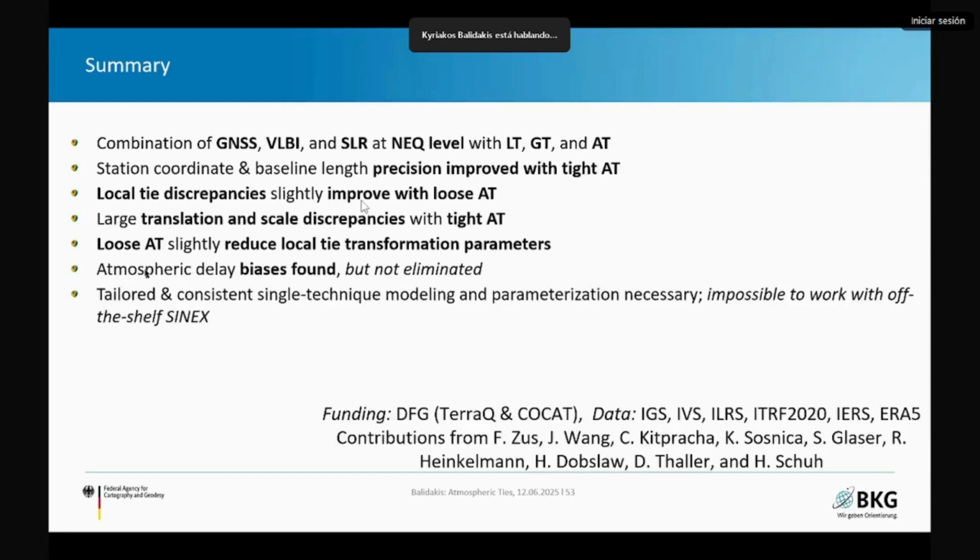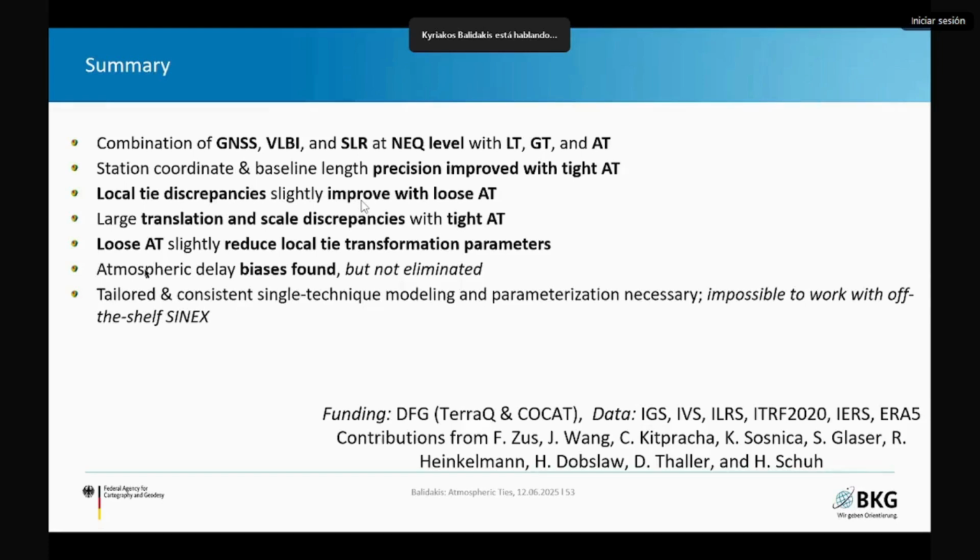And if one wants to repeat this line of work, currently it is impossible, because there exists no SINEX file from VLBI, GNSS, and SLR that contains these three sets of parameters that we combined here, which are the station positions, Earth orientation parameters, and atmospheric delays.